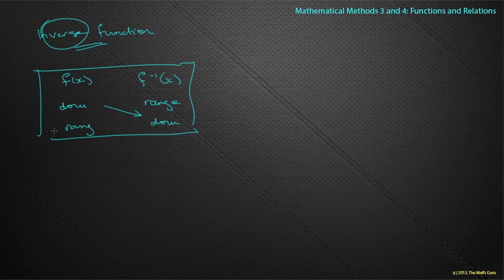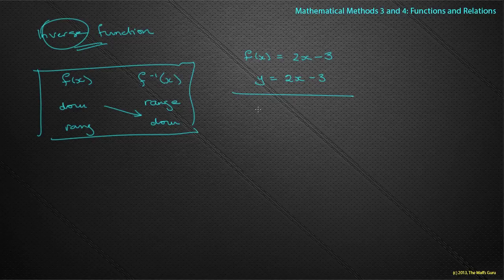If we look at an example, if we have the function f of x given by 2x minus 3, and we're looking to work out its inverse, well, this at the moment is y equals 2x minus 3. That's the original function. If I want to work out my inverse function, then I swap every x for a y and every y for an x.